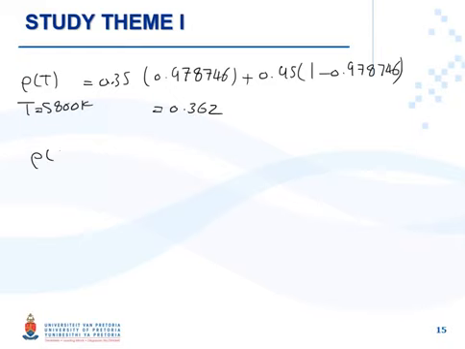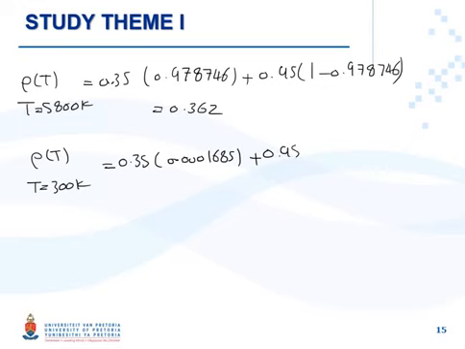And the reflectivity for temperature of 300 Kelvin is 0.35 times 0.0001685 plus 0.95 times 1 minus 0.0001685, which is equal to 0.95. Okay.